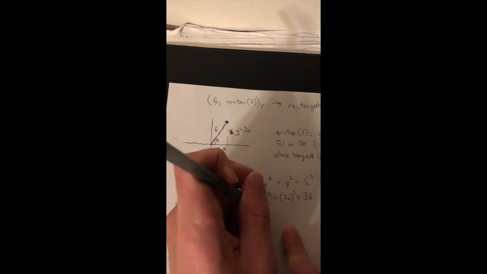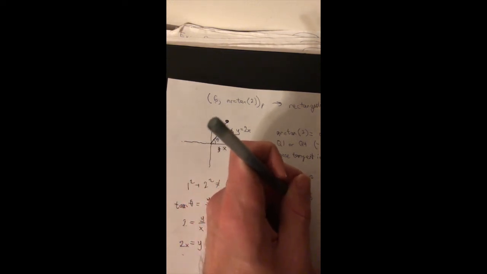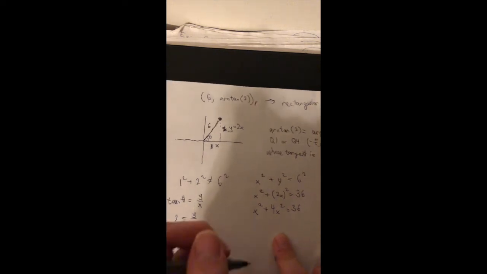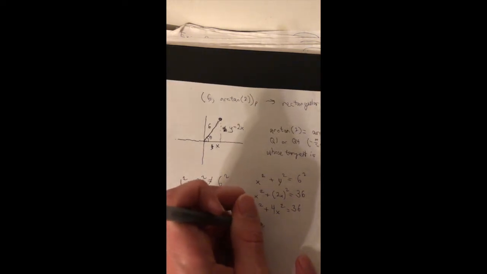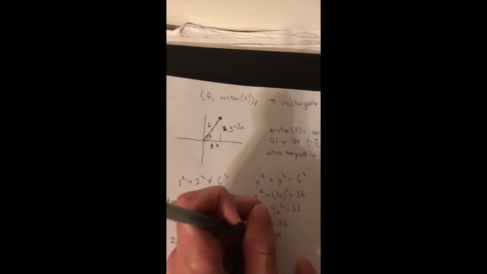Just be careful to put parentheses in where you're substituting. So 2x, the quantity squared, is going to be 4x squared. So a little bit of math here. 5x squared is 36. So that's going to give me x squared equals 36 over 5.